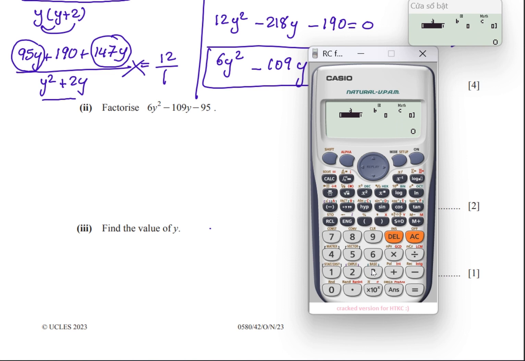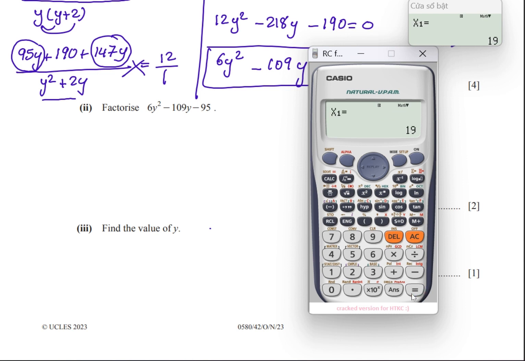Then write only the coefficients in order from the highest power to the smallest power. So I am going to write here 6, then equals, negative 109, equals, then negative 95, equals.